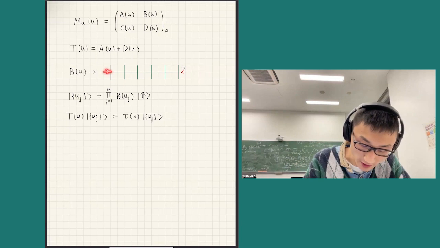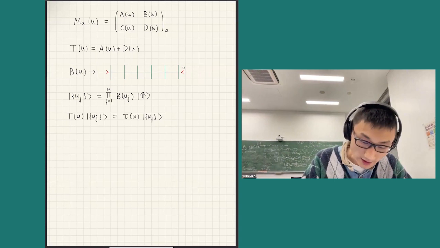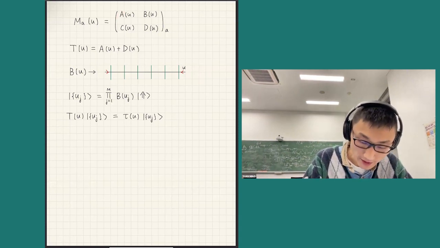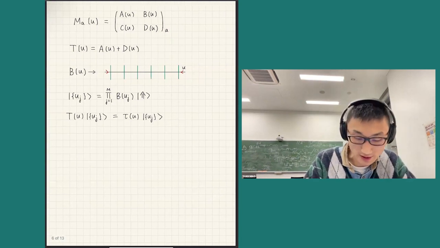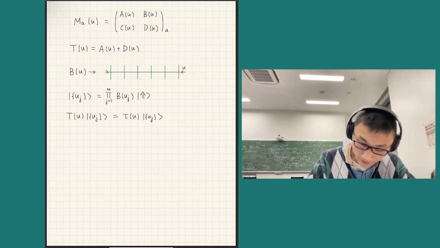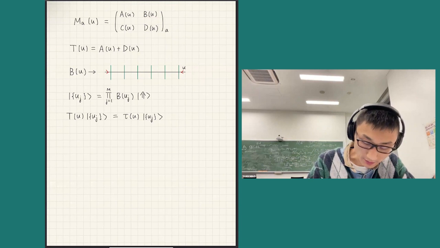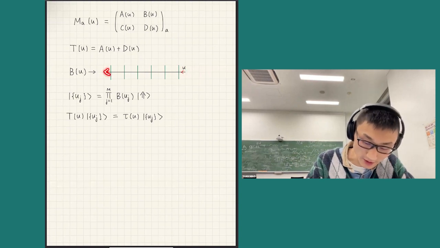So we fix the boundary of this line, and then we get this operator A, which is the 0, 0 element in this auxiliary space. And then the partial trace over this A is essentially A plus D. Moreover, this B can be pictorially described in this way. So here is 0, 1, and C is essentially the opposite, this one.